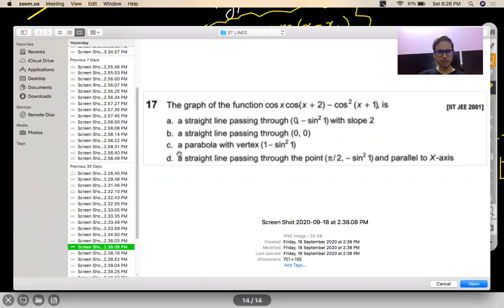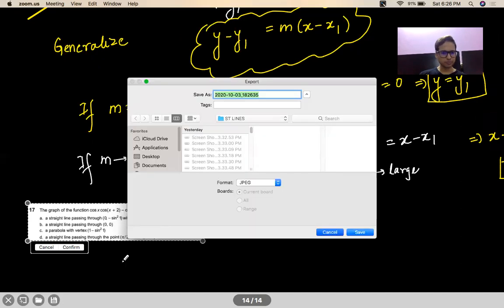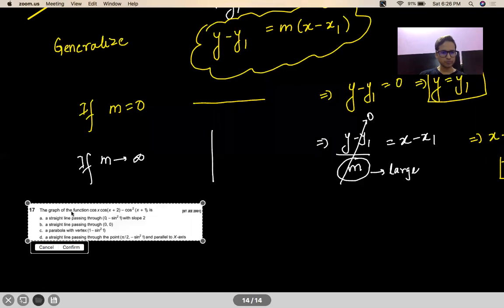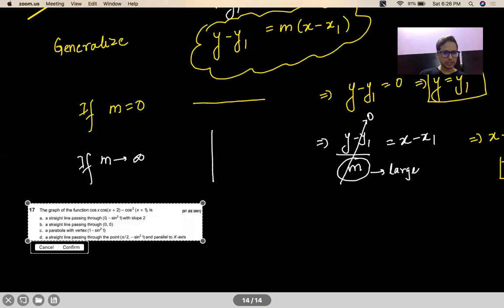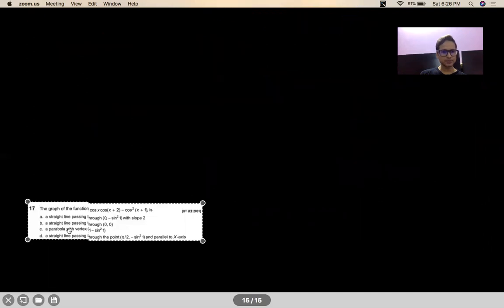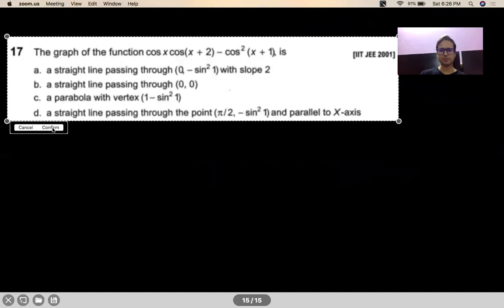Let me take it in another page. Next page. IIT JEE 2001 question.